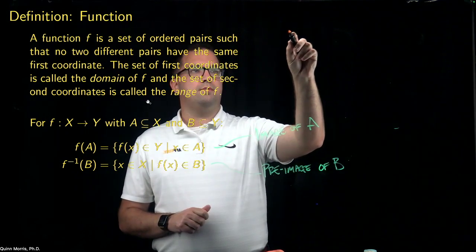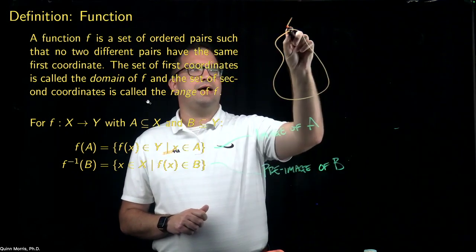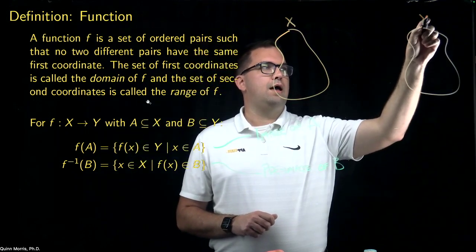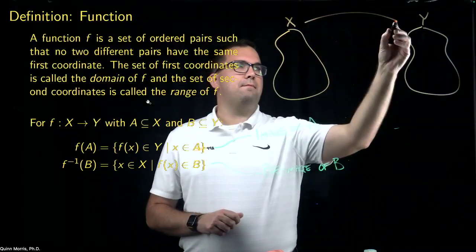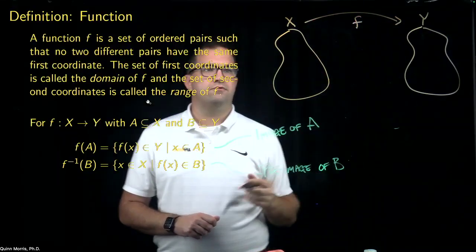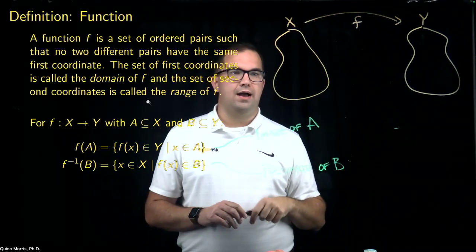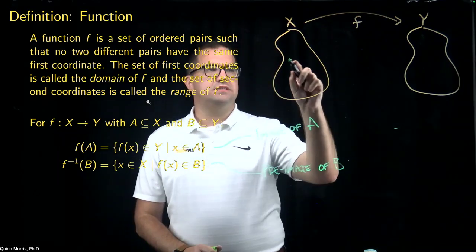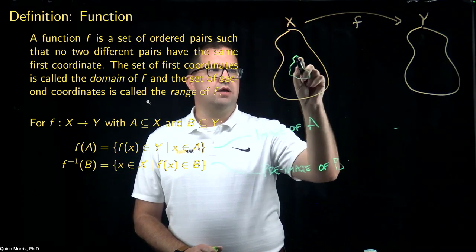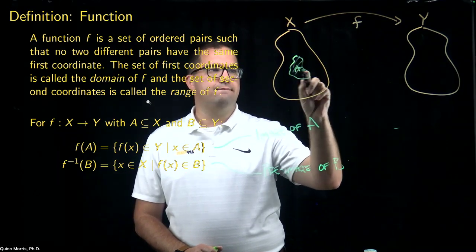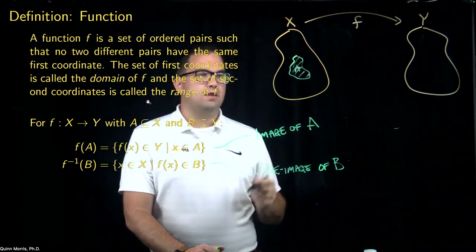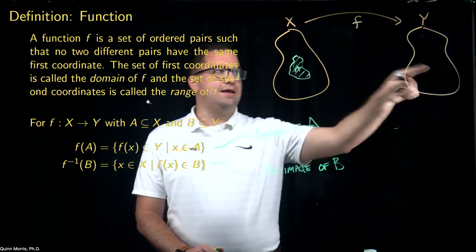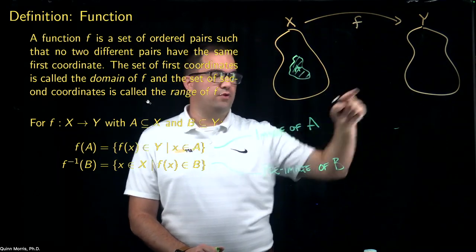So you can imagine I have here some set X, and I have over here some set Y, and I have a function that maps things from X into Y. And now imagine that I have sitting inside here some subset A. Okay. Now, I could look and ask myself, well, what happens if I take all of the things that are in A and look at where they end up over here?